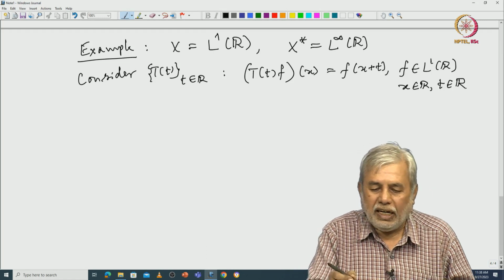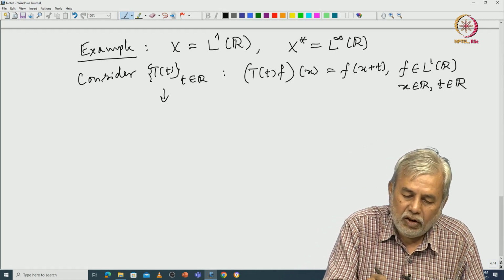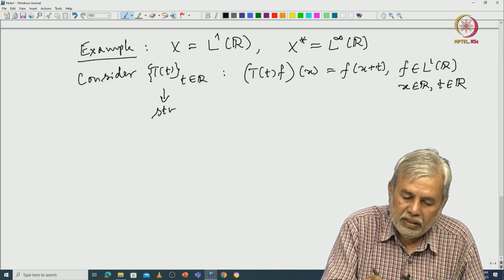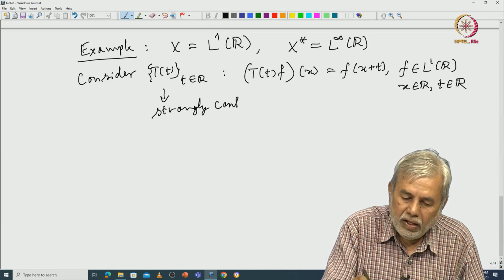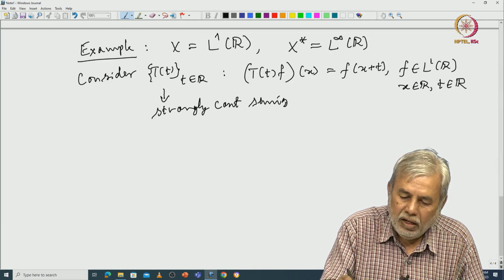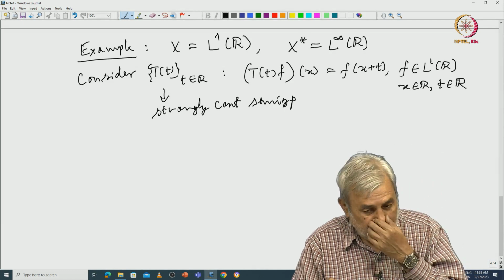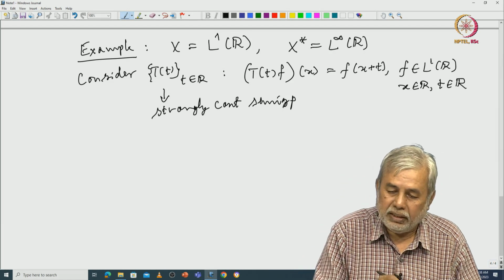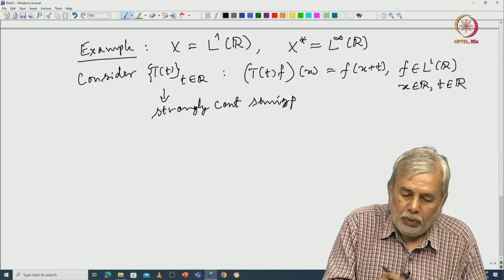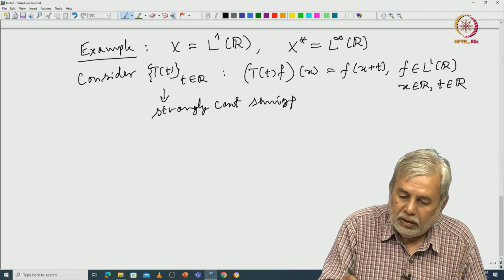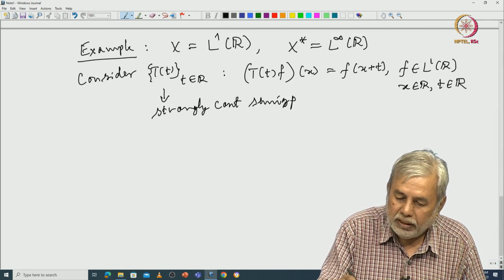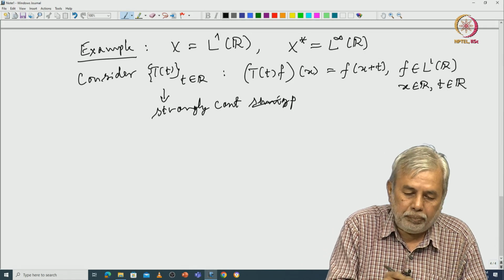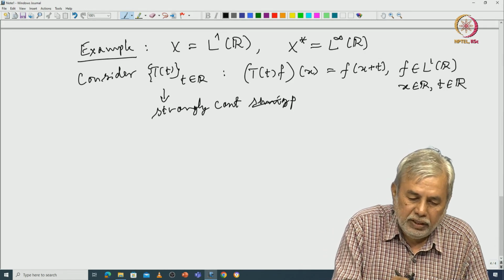So we have seen earlier that this is a strongly continuous semigroup. So its generator is the derivative. Okay, so what about the adjoint? It is in fact a group.